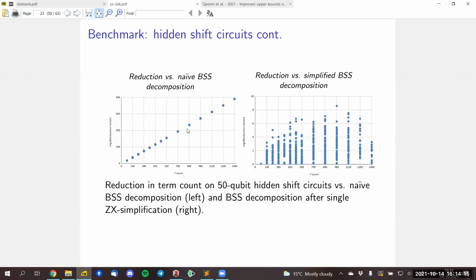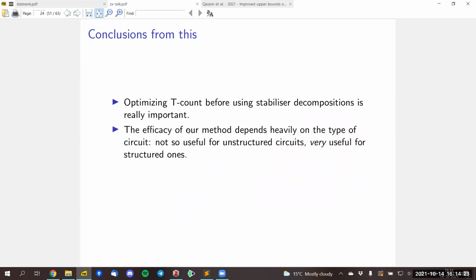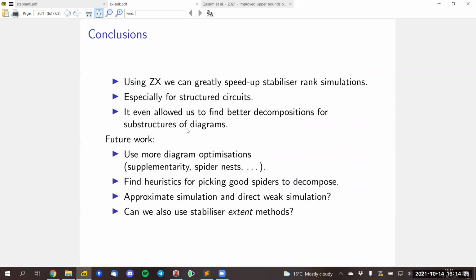I've got a more side question. I saw that you mentioned on the last slide that you want to use spider nest identities on these graph-based ZX diagrams, but I've seen spider nest identities in the normal circuit scenarios, but not in graph-based ZX. Is that already out there in a particular paper?